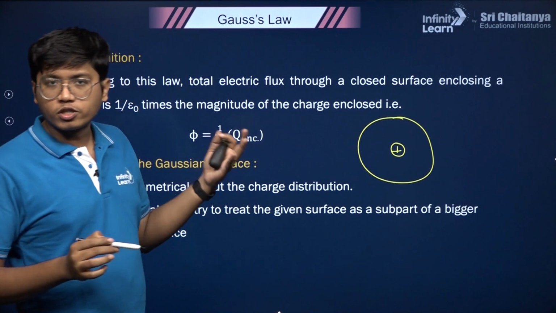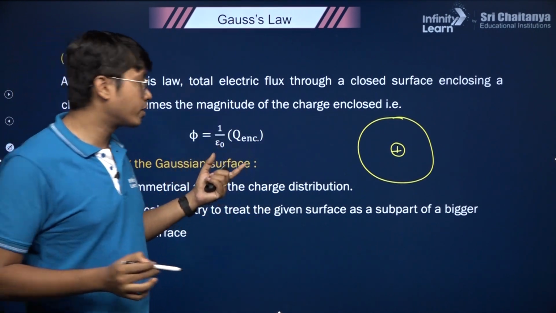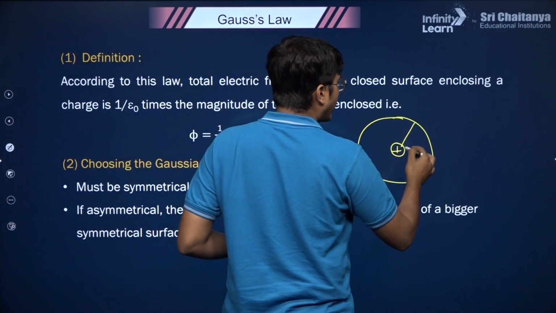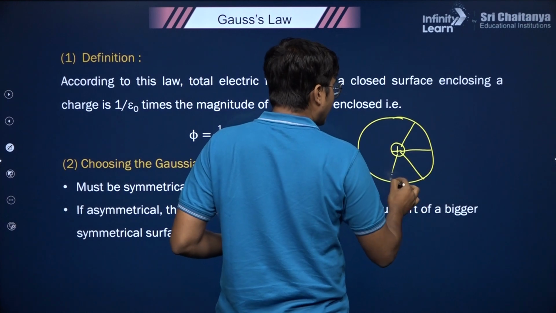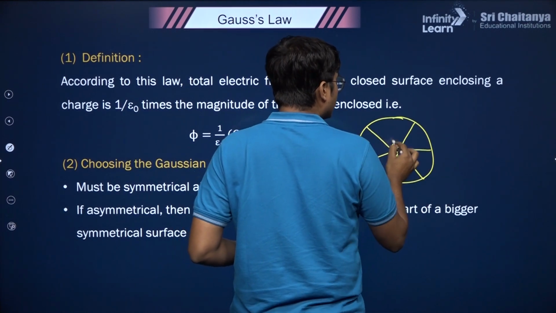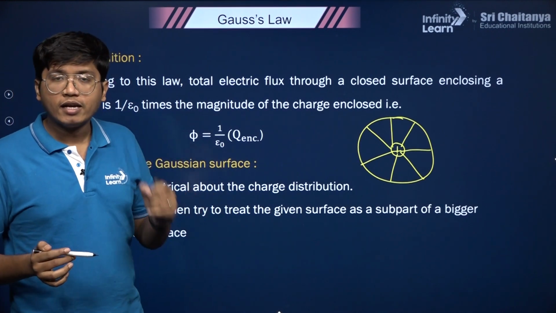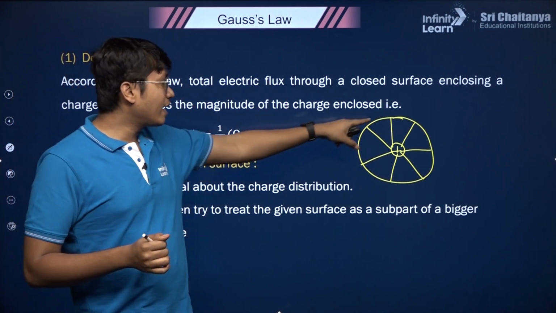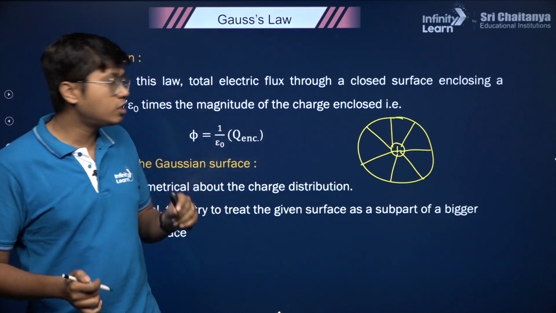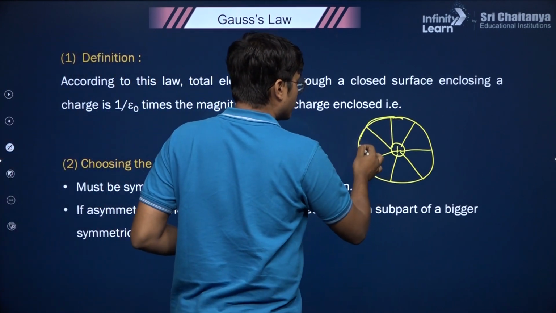Why is that a good Gaussian surface? Because it's symmetrical. If you consider any point on that surface, it is always going to be equidistant from the charge. And the benefit of that is that the electric field is going to stay constant all over this region.